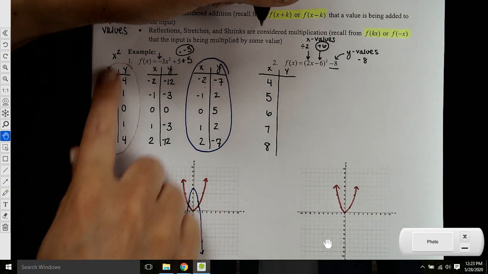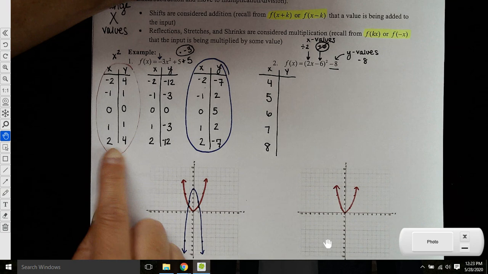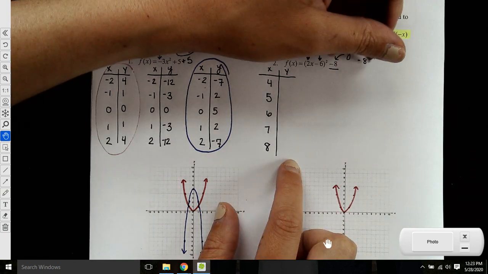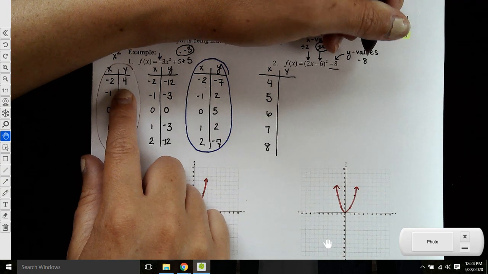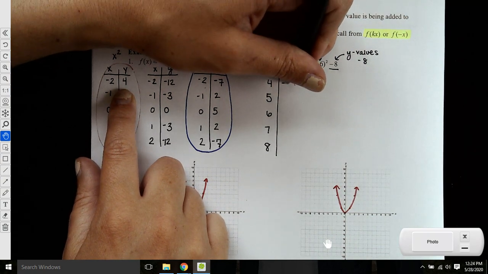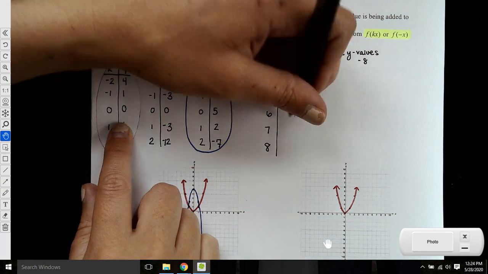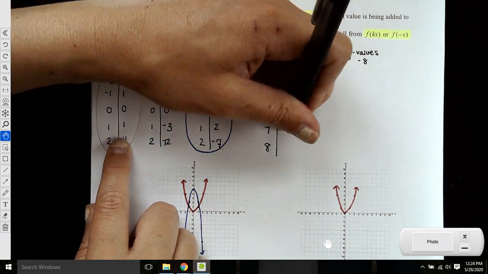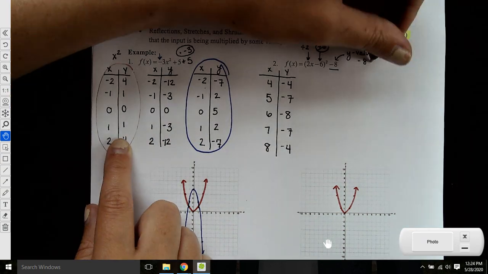So now I have done this part. Now with the y's, I can also do minus 8 to the y's. So I'm looking at the original y's. If I subtract 8, I have negative 4, negative 7, negative 8, negative 7, negative 4. So I've also done this now.